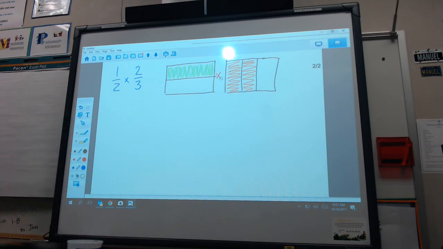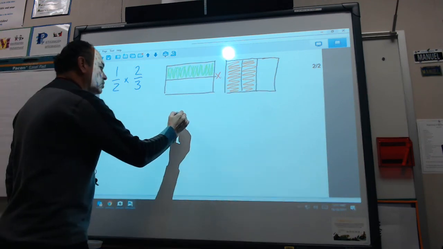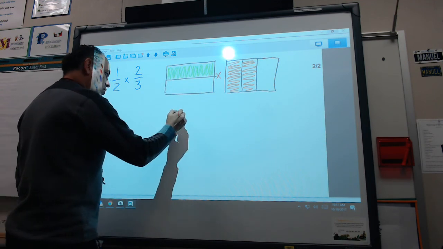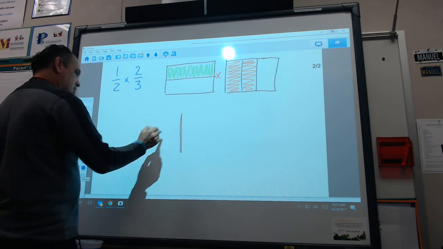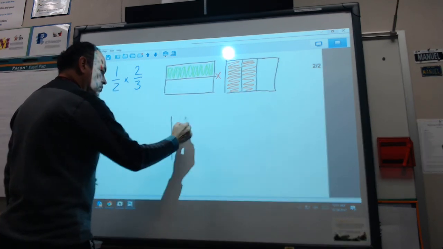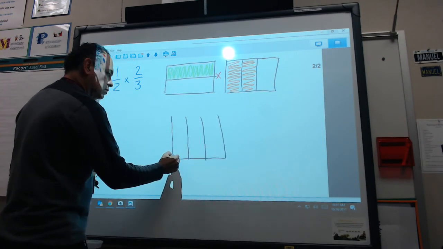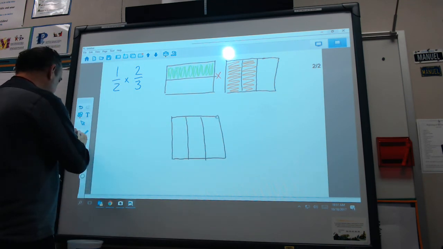Now we're gonna do it with the model, right? So I am going to create the model. I don't like it. Let me erase it. Alright, so I have 2/3.